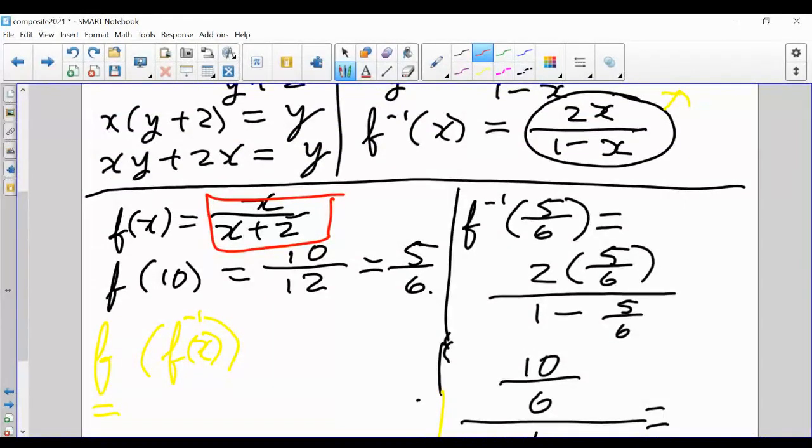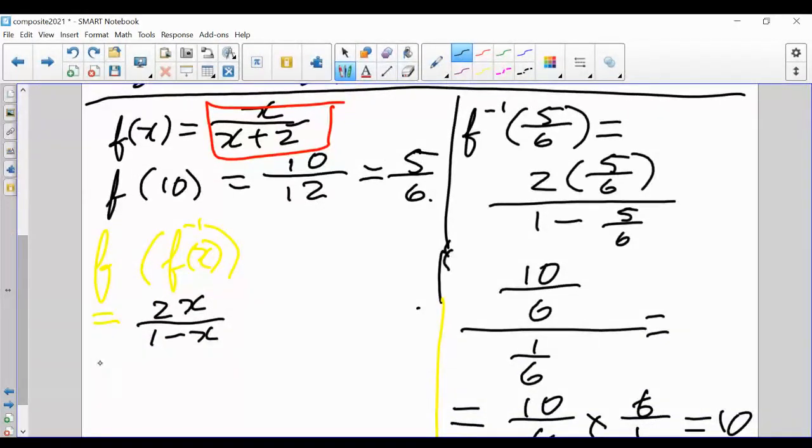So 2x over 1 minus x, right? That's my x on top, over the x plus 2. So it's 2x over 1 minus x, and remember now, this is plus 2.